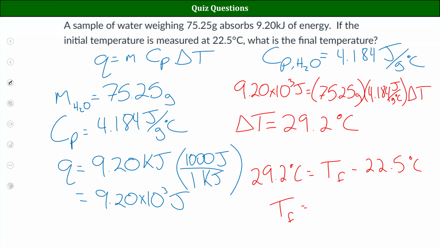Is that 51.7? Carry a 1 somewhere. Add 22.5 to both sides. Both of these numbers have their uncertainty in the 10th place. So our final answer is going to keep its uncertainty in the 10th place. So we're good to go.